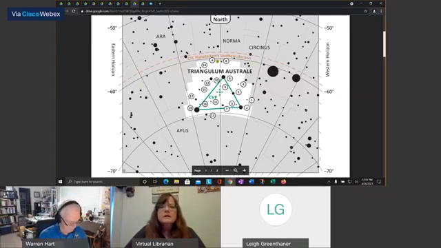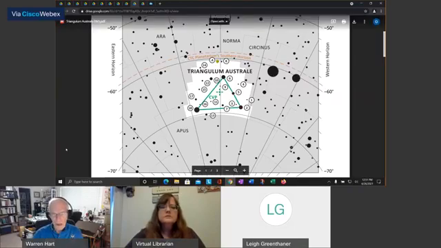Triangulum Australe, and if you look on there, you will see the green letters CVP. That stands for Central Viewing Point. That's where that cross is. But look just below CVP, you see a circle with the number 11 and a little bitty star there.